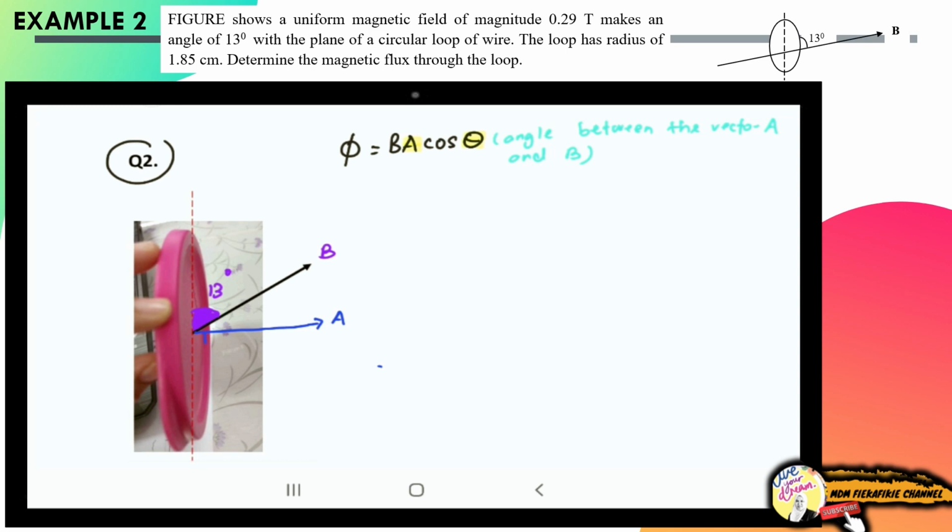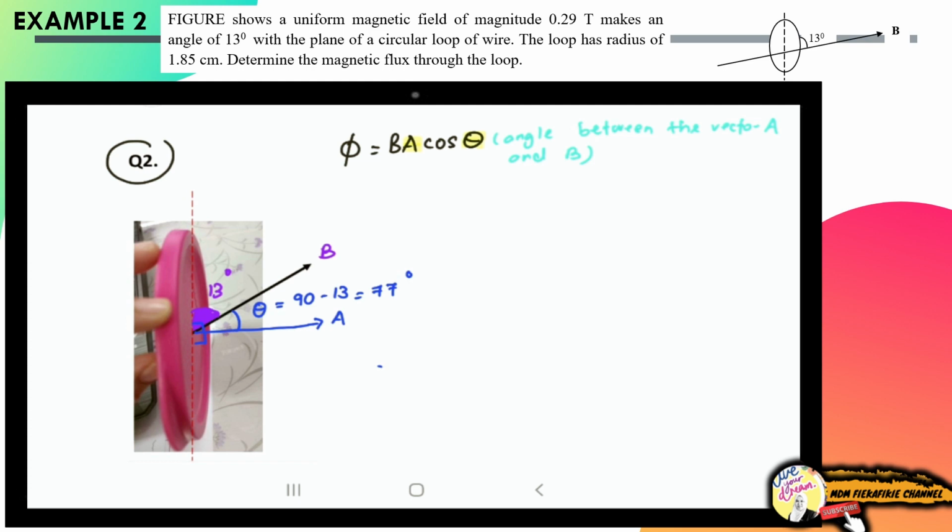Therefore, the angle theta between A and B is not 13 degree, but 90 minus 13, which is equal to 77 degree. So please read the question carefully.